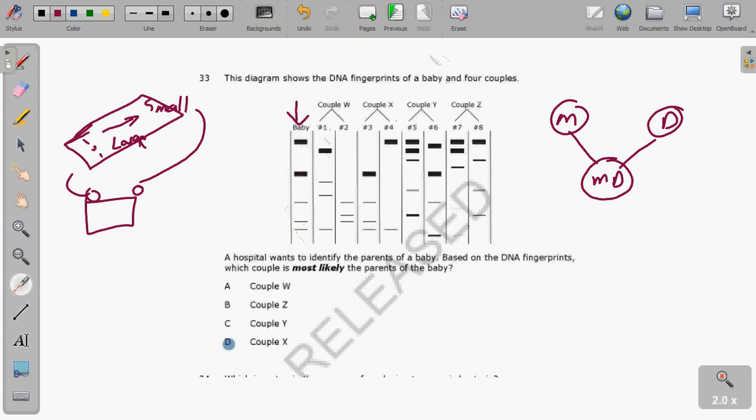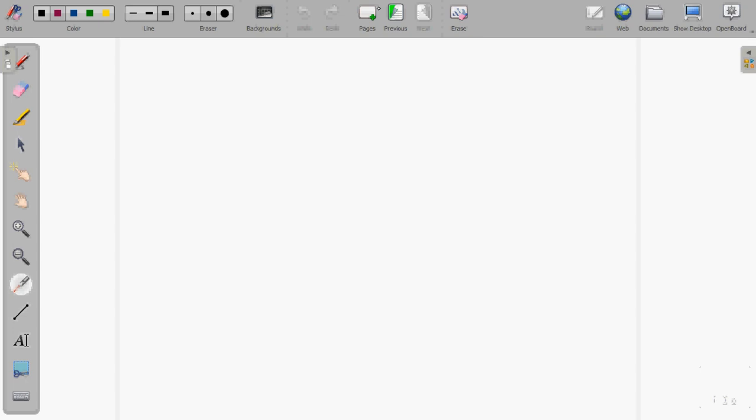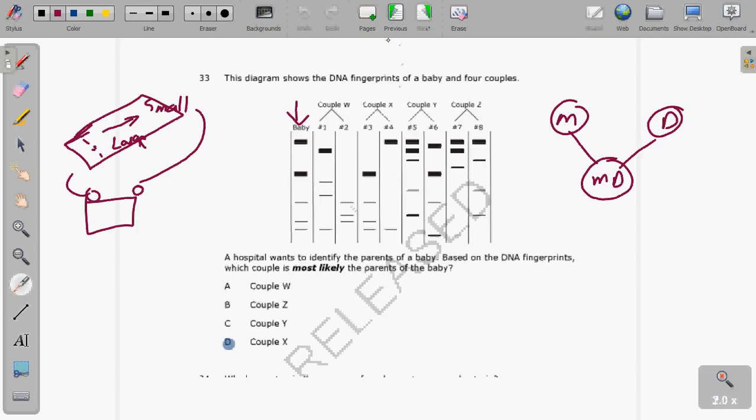Now, moving on, going to run through some things quickly. We did that. Again, one way they might ask you about this, instead of having a baby and parents, they might have a newly discovered organism and other similar organisms. Like, they find some kind of new zebra. So then they give you zebra and horse and donkey. And you have to figure out which one this new type of zebra is most similar to.